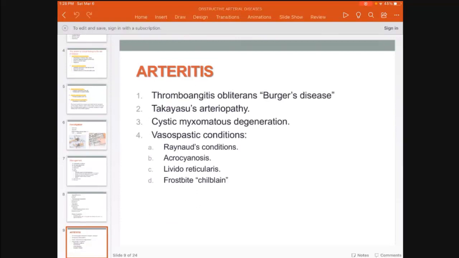I hope you understood the atherosclerotic disease, which commonly affects all age groups and both genders, not only male or female. It is not related to gender, but the signs and symptoms will be different.